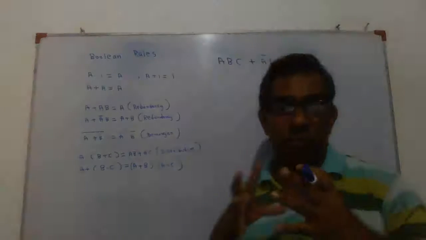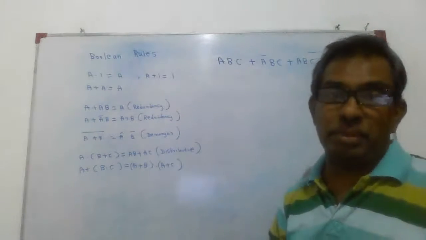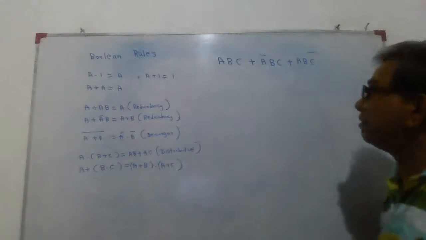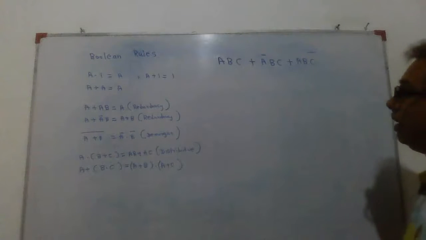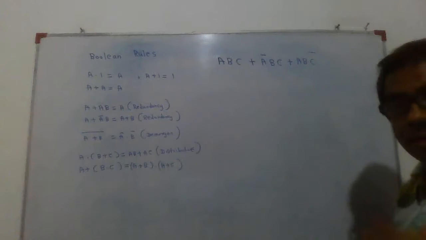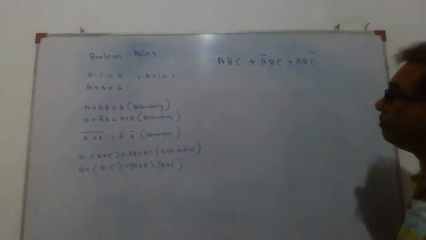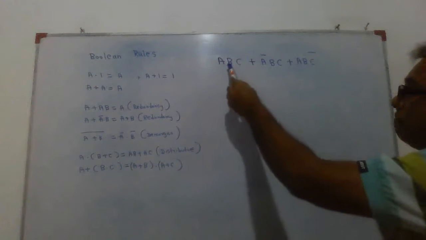So let's see how to get something from the given statement. Here we have A and B and C. We are unable to find out A and B and C here, or A and B and C. But what about A and B?